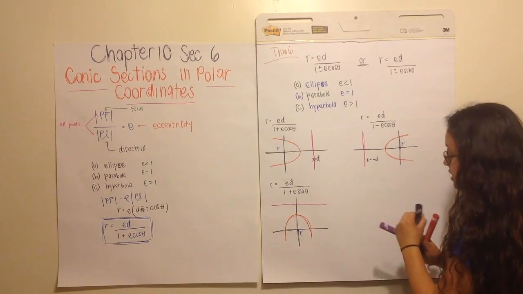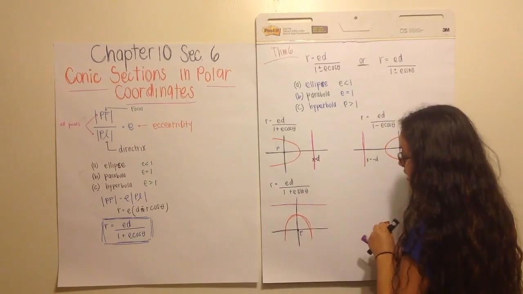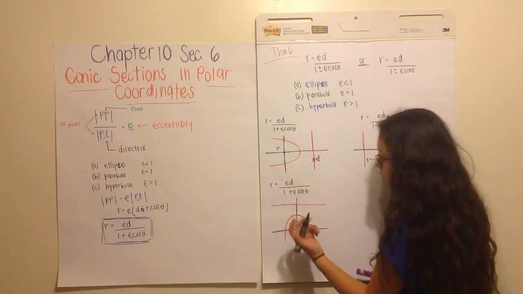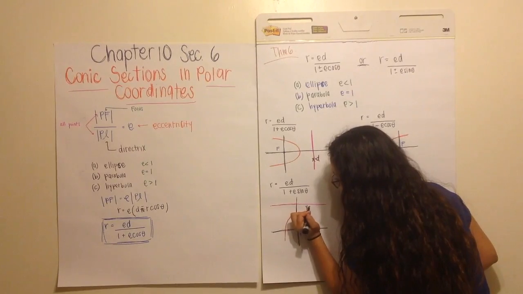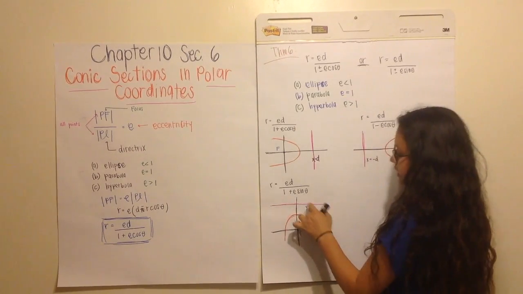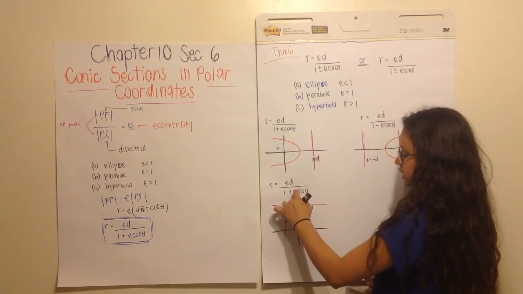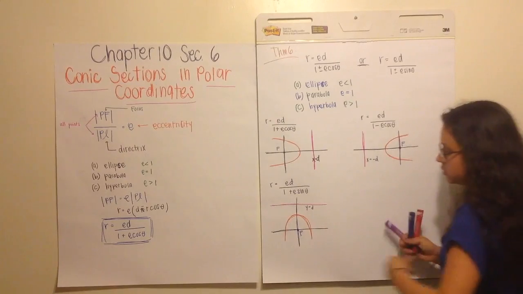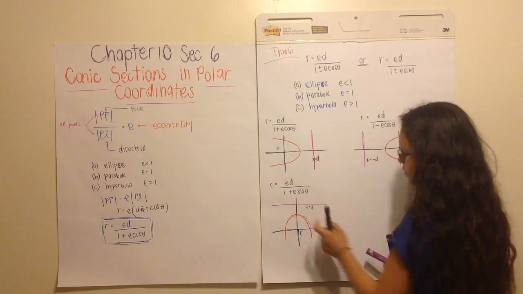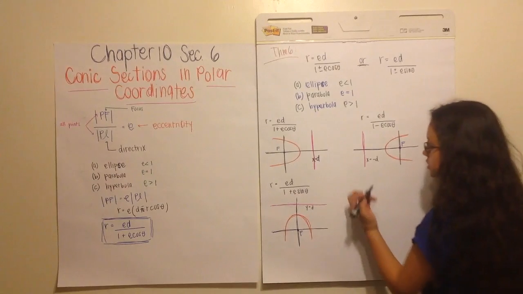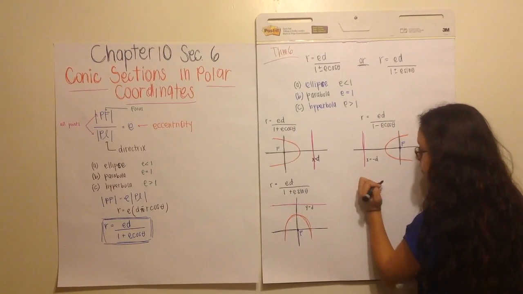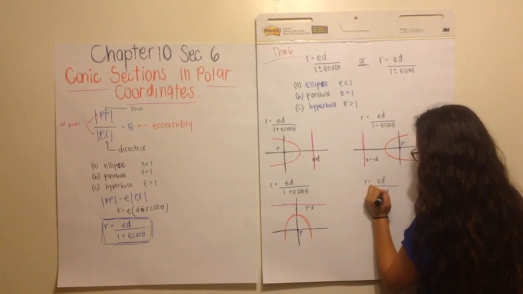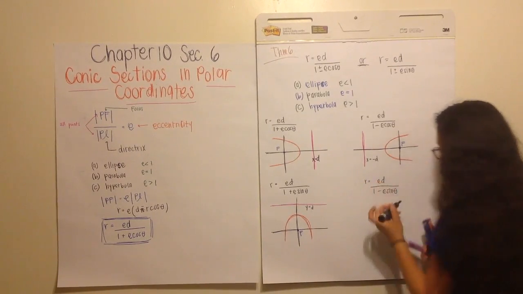Since it's plus e times sine theta, it's going to be positive, and instead of writing x equals, we write y equals d, above the vertex of the parabola. Similar to our last one, r equals e times d over 1 minus e times sine theta.